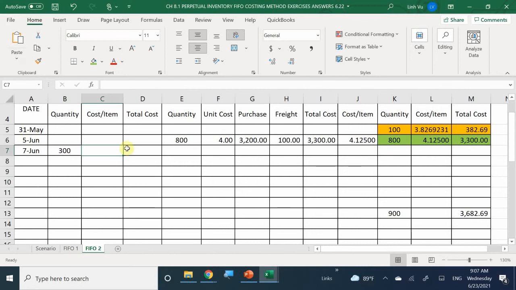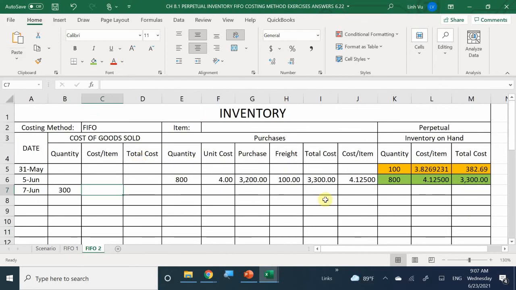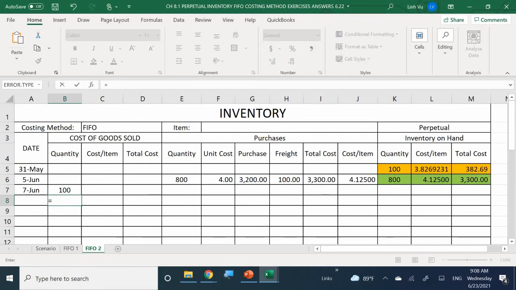We are doing FIFO. So which batch are we going to take out from first? The 100 from the orange batch, correct. So our goal is to get to 300, right? To sell a total of 300 that day. Now in this case, if I sold only 100 from my orange batch, how much more do I need to sell from my green batch? 200 more.